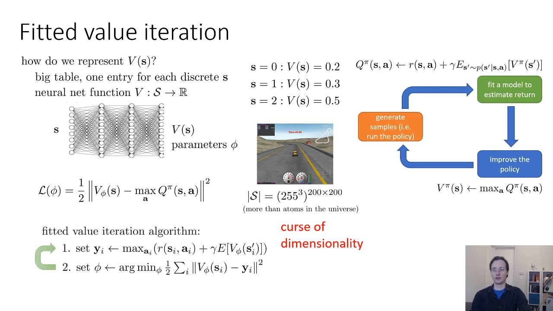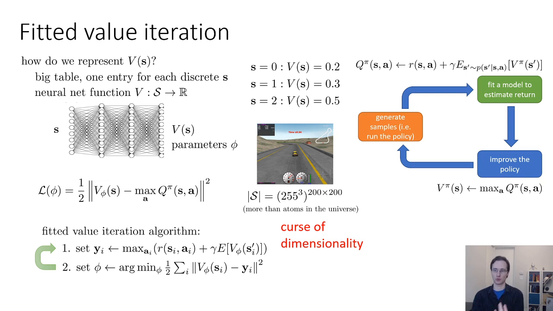So then our fitted value iteration algorithm would look like this. We would take our data set of states and actions. For every sampled state, we would evaluate every possible action you could take in that state, and we would take a max over those actions of our Q values. So what I have in the parentheses here is I've just substituted in the Q value.